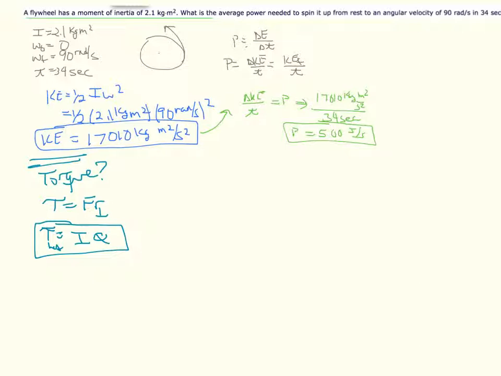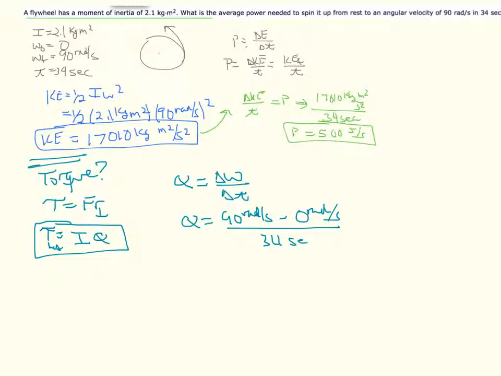Okay, so what is alpha? Alpha is our change in omega over our change in time. This is changing, we're assuming, in a constant way. And so alpha is just going to be that 90 radians per second minus 0 radians per second, because that's the original, over the time it took, 34 seconds, right?